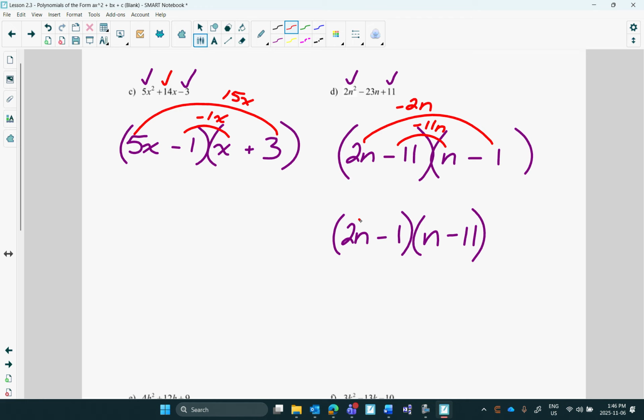What's 2n times negative 11? Negative 22n. And in the middle, negative 1n and negative 22n together make negative 23n. So this is the answer.